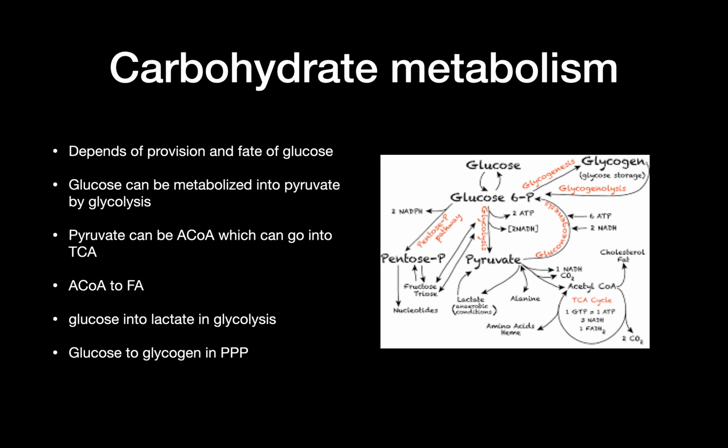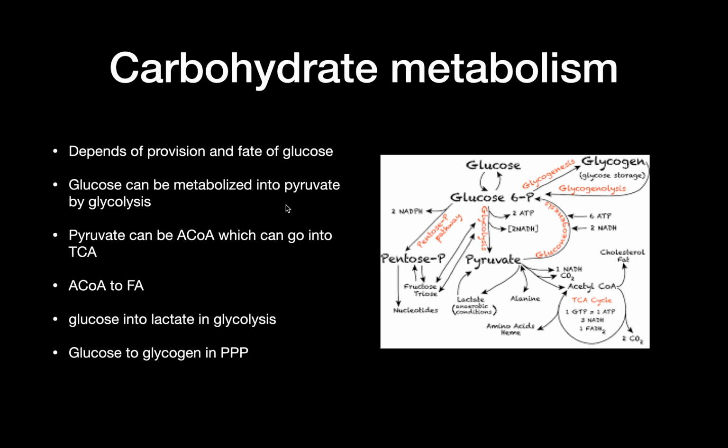Let's go through carbohydrates really fast. So the metabolism really depends on the provision and the fate of glucose. So it depends on whether you are in a fasting state or whether you are in dire need of glucose, such as when you're about to go for a run.